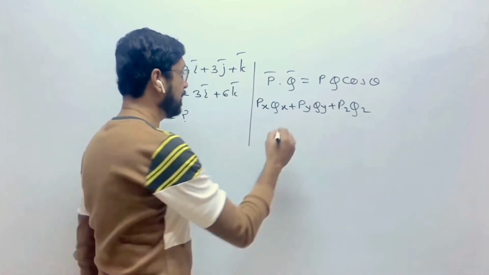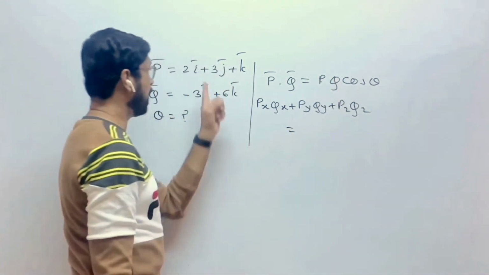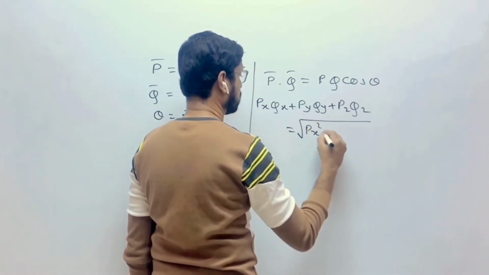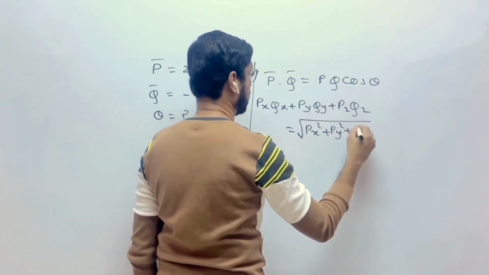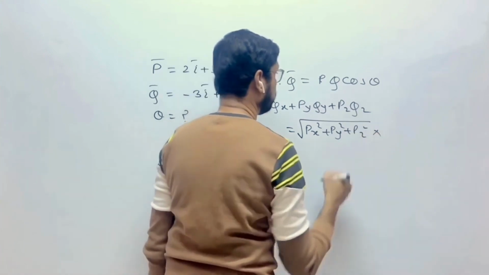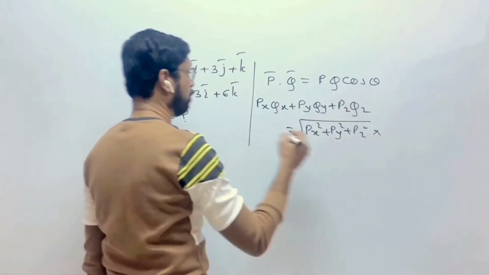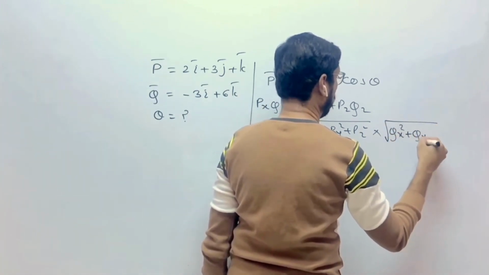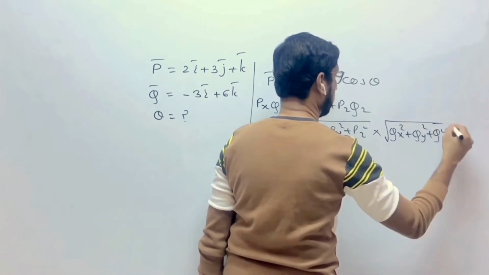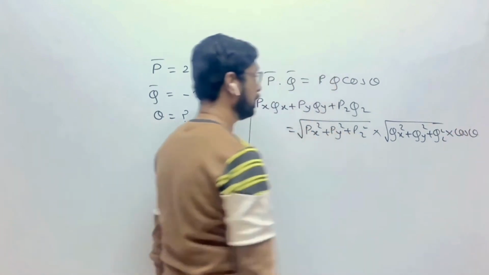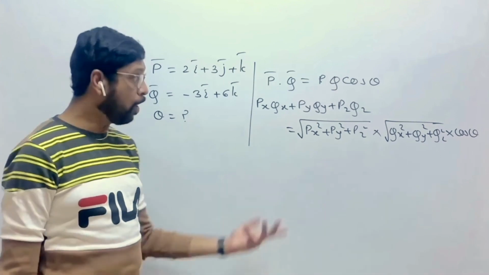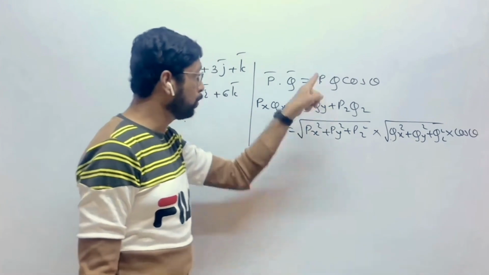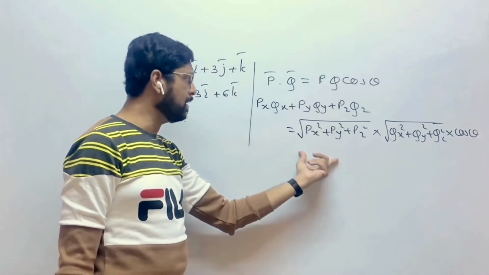right? That is equal to P, the magnitude of P, that is under root Px square plus Py square plus Pz square, into Q, the magnitude of Q, that is under root Qx square plus Qy square plus Qz square, and into cos of theta. Or you can find these separately and put the values here, or you can directly write it here.